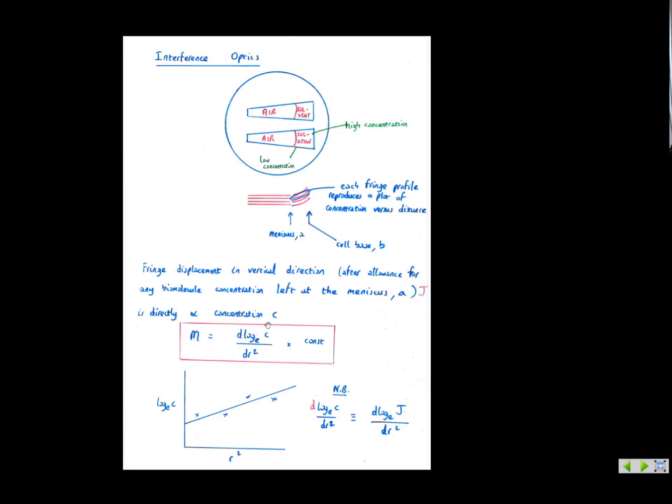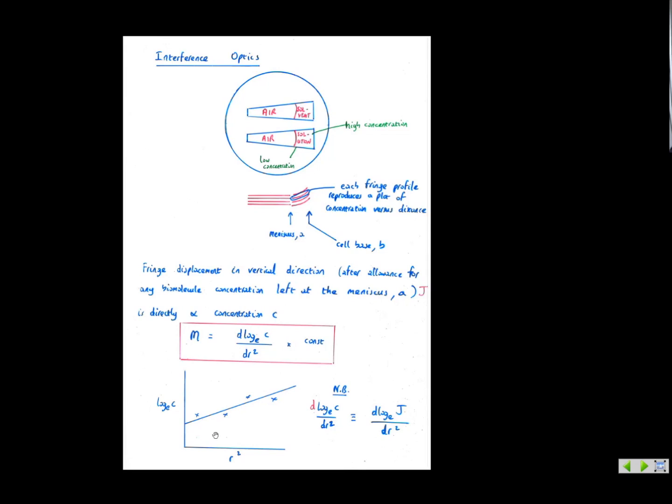Same equation applies. So this time, with interference optics, the concentration is expressed in terms of fringe displacement units as opposed to absorbance units. And it's d ln c / d r squared, where r is the radial displacement from the center of the rotor, times a constant, again the same constant as before, which depends on the rotor speed, the partial specific volume, temperature, and the density of the solvent.